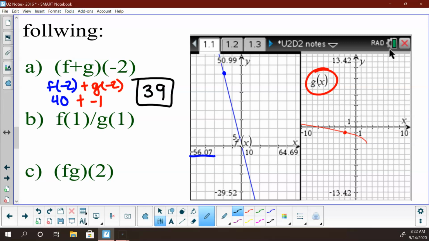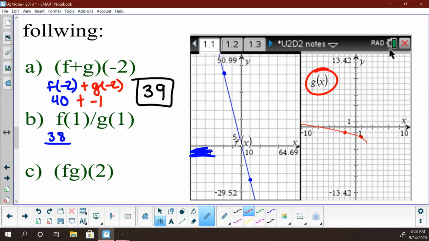Which one? B? All right, so f of 1. We're just going to ignore these scales for this one, because this is dumb. So f of 1, we're going to go down here, and we're going to call that 38. And then g of 1 is way over here at negative 2.